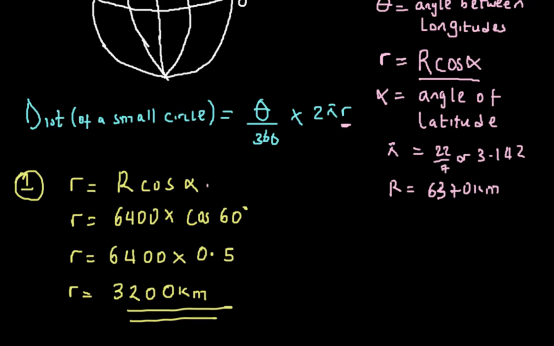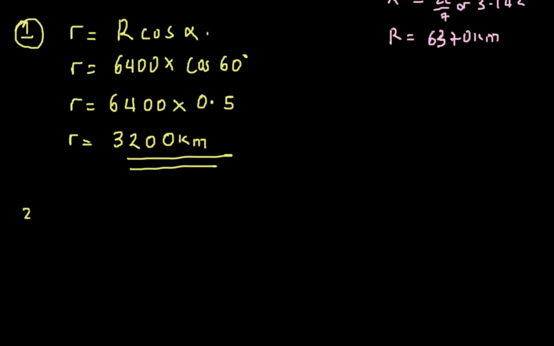And this here is our answer for number 1. Do you understand? Now that we've gotten small r, we can go ahead to find the distance between points A and B. Can we do that? Now, so for number 2, distance equals to theta over 360 times 2 pi small r.